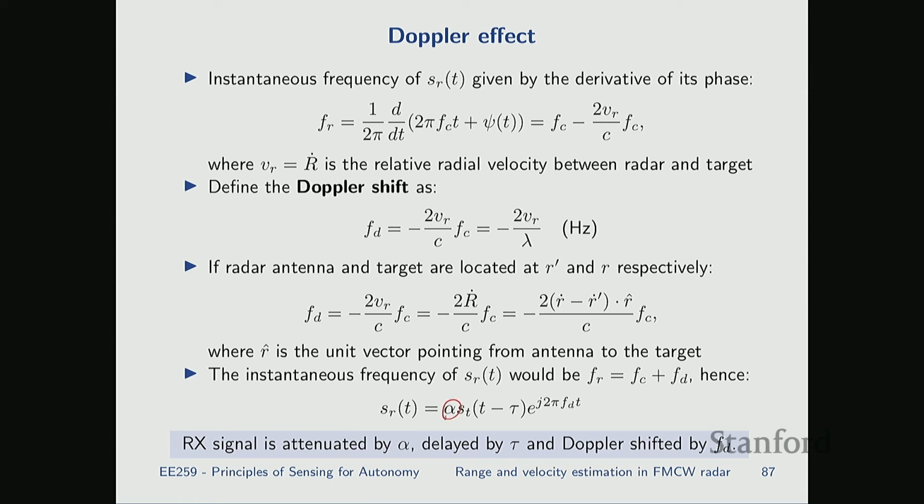There is a delay by the round trip time of flight, so you get your transmitted waveform at t minus tau, and there is a Doppler shift. So that's where this e to the j 2 pi f Doppler t is coming from. So the received signal is attenuated by alpha, delayed by tau, which is the round trip time of flight, and its frequency is shifted by the Doppler shift FD.